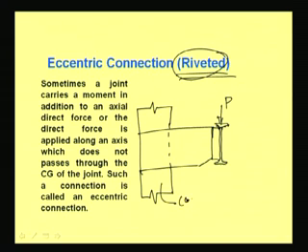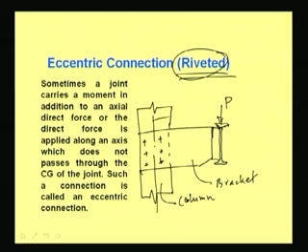This is the column, so this is the center line of the column. Now, this is the bracket which has been joined. This is the bracket. This has been joined by the rivets, and it has some eccentricity, say E.